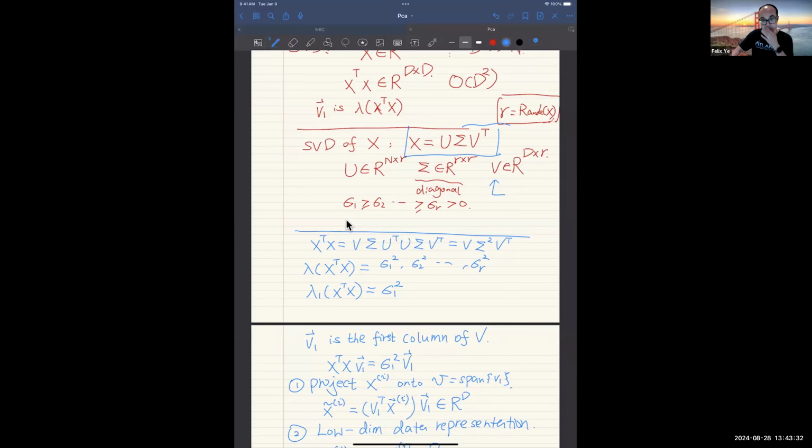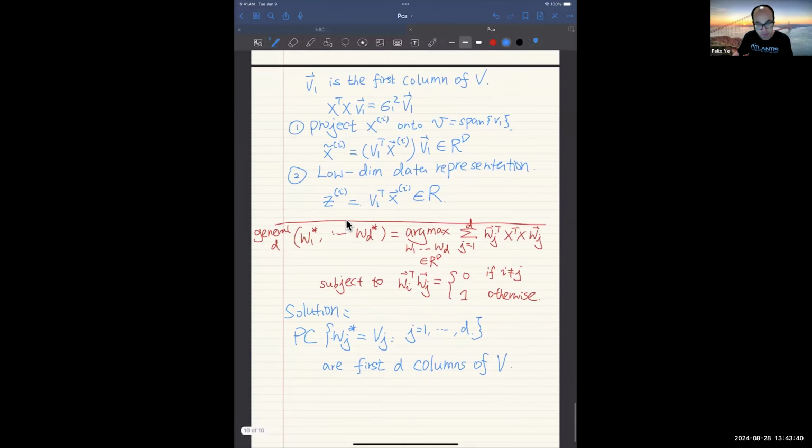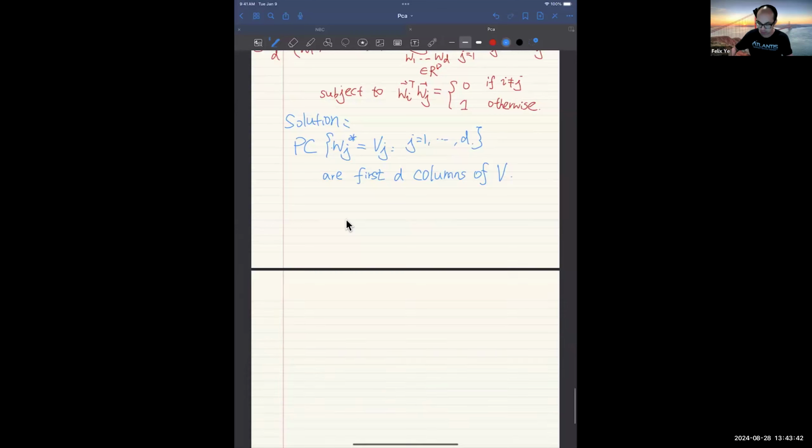Yeah, the right singular vectors. So these are the singular vectors.